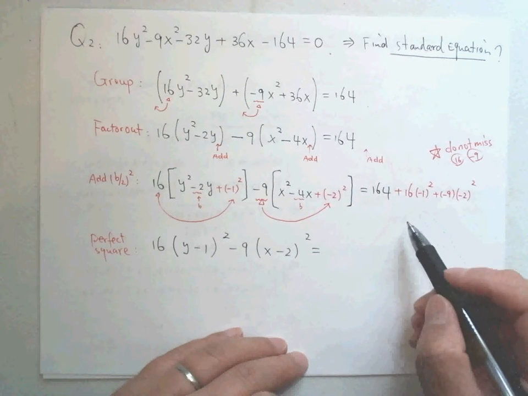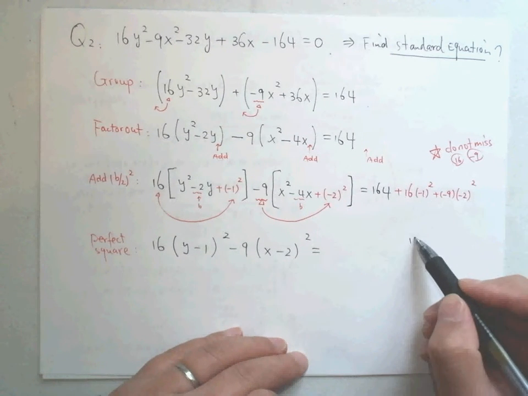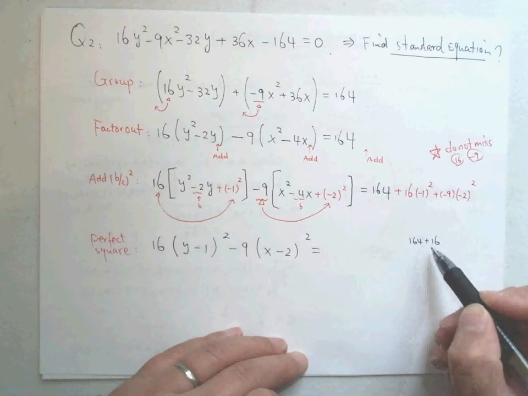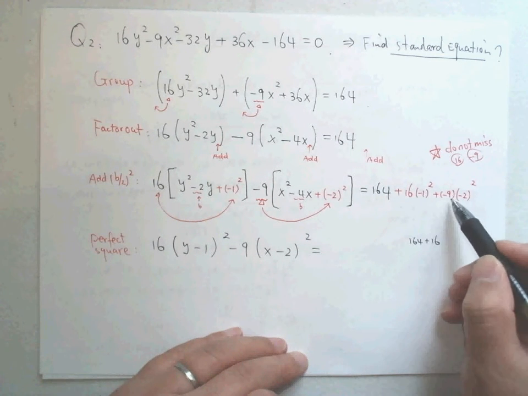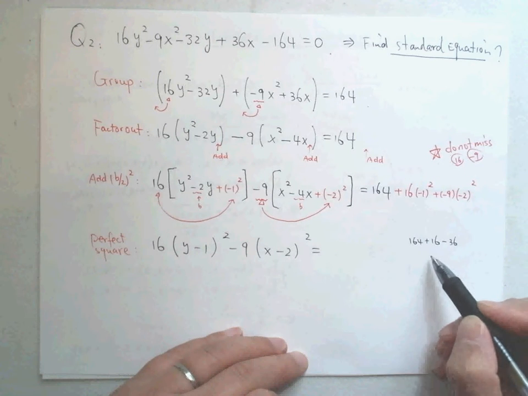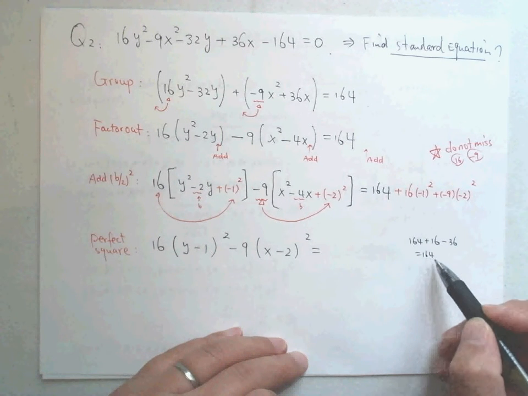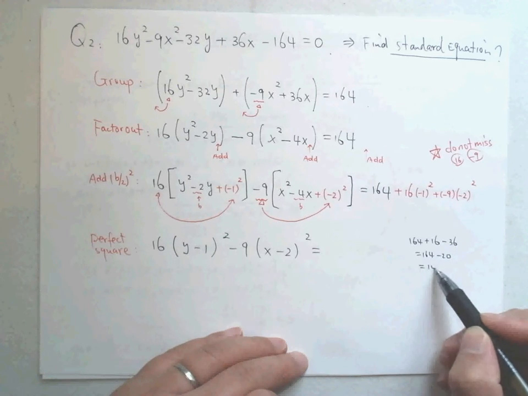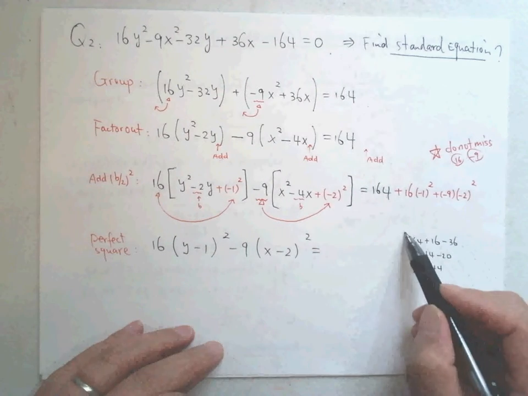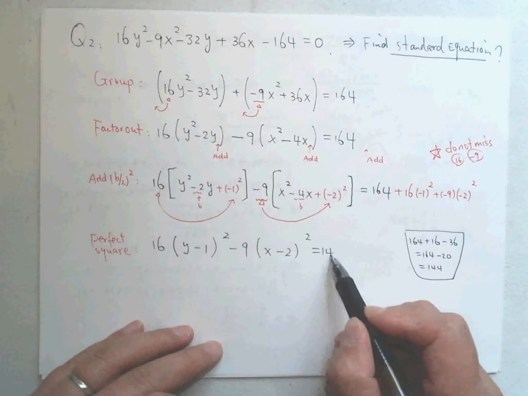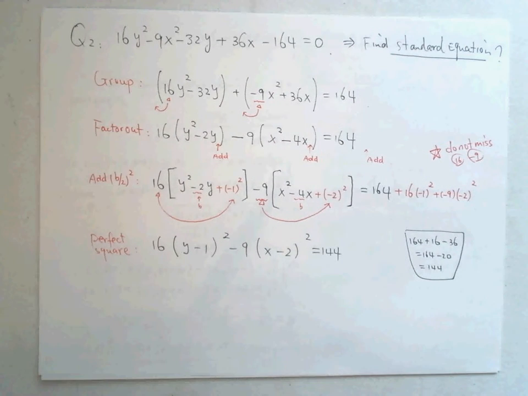Equals, we have to simplify. 164 plus 16, then minus 36. This means 164 minus 20, 144. So what we find is 144 on the right.